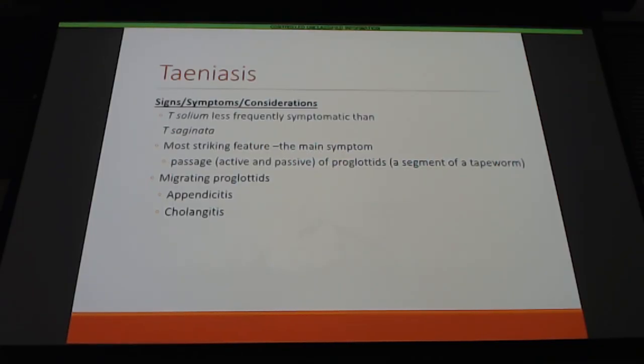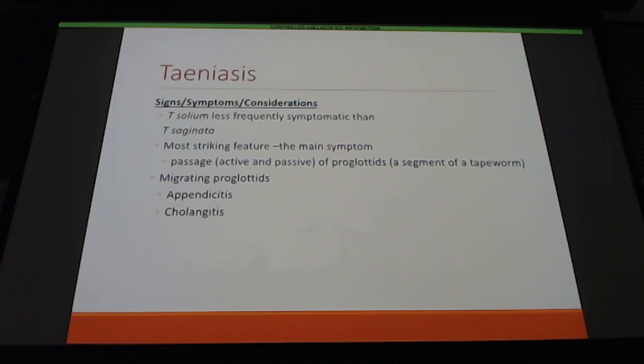So, most striking feature, main symptom is passage of the proglottids. The active passage, meaning that it's expelled from the host body through muscular contraction, versus passive, where the proglottids are spontaneously detached and shed out naturally through the passage of the host stool.